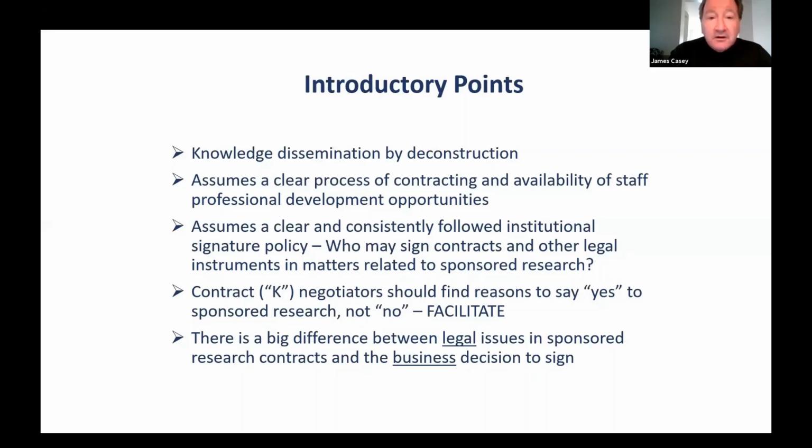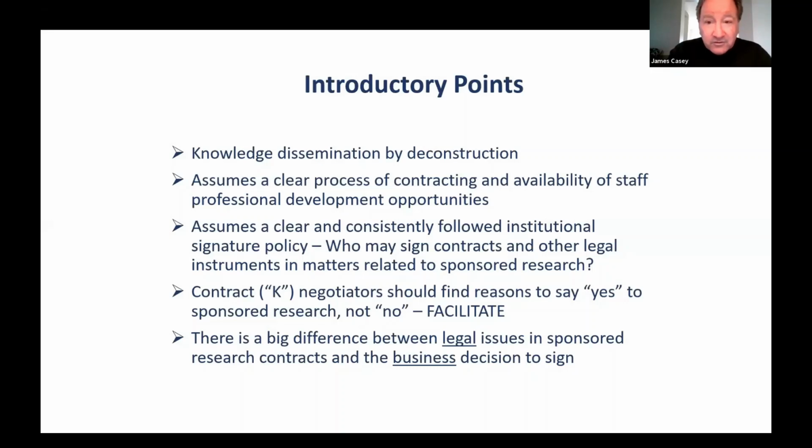And you know, we contract negotiators are a support function to the faculty. Clearly, we would never do anything that is illegal or against university policy. But there are gray areas in contract negotiation. And oftentimes, like in the last bullet point here, sometimes signing certain contracts is a business decision.